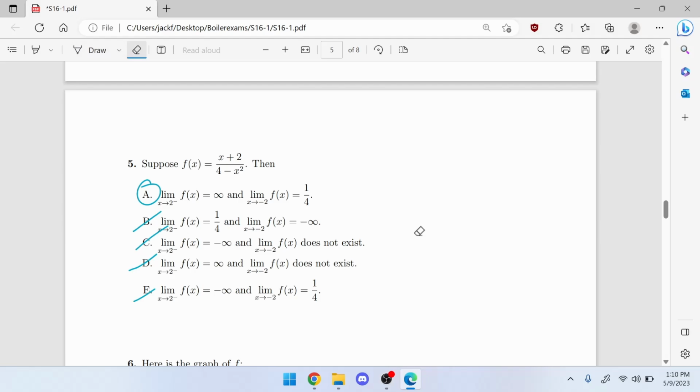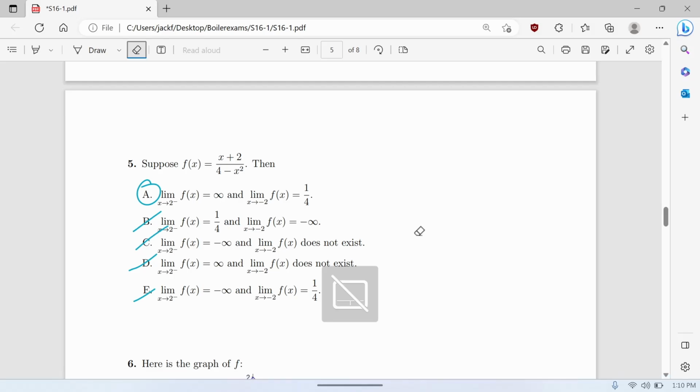Okay, so you have this function here, and you find its limits. You just factor and simplify this. So on the bottom, this is a difference of squares, so you can factor that.